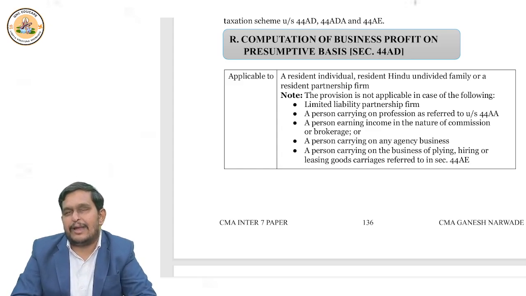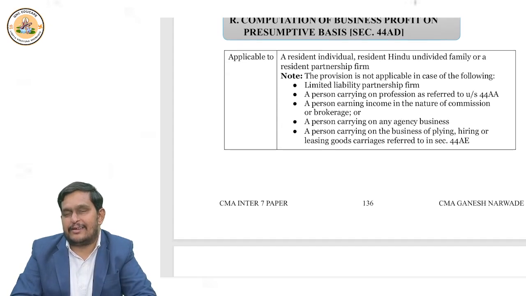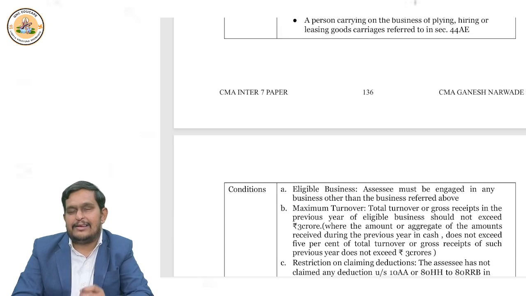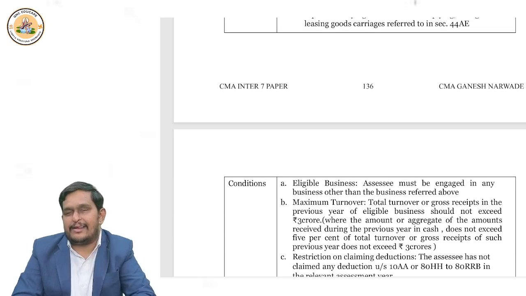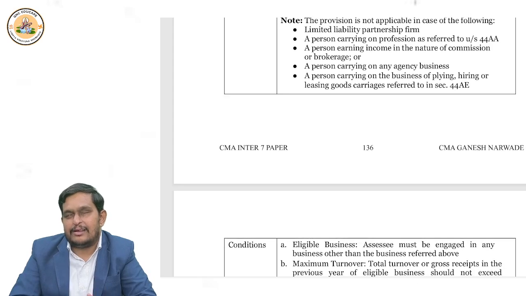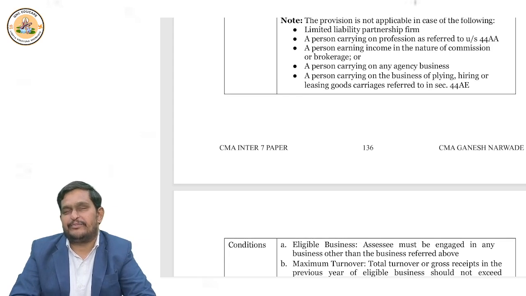This section doesn't apply to specified professionals mentioned under section 44AA, something like engineering services, film artist, interior decorator. Are you able to understand? To these people, this section doesn't apply. Now come to the last part of the story.